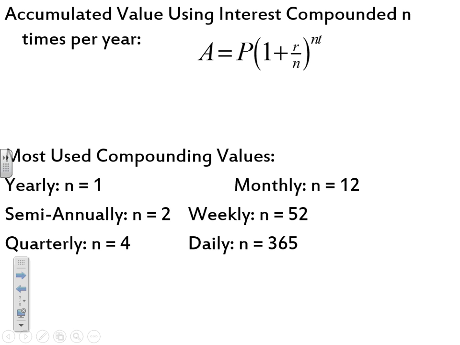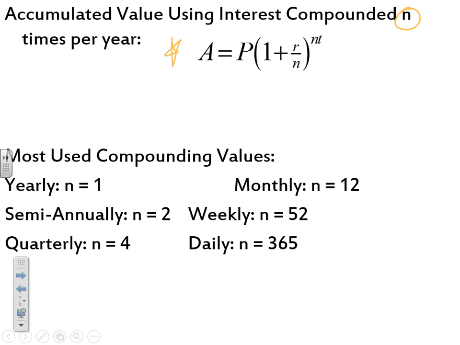So here, accumulated value using interest compounded n times per year. There's a key thing there. Now, this particular function is a big player, as this is how the number e was derived, using a formula like this.